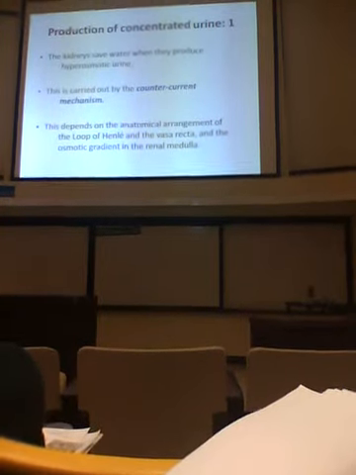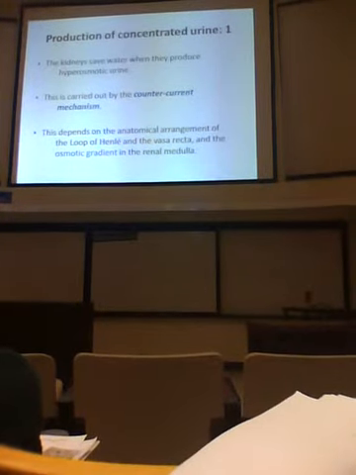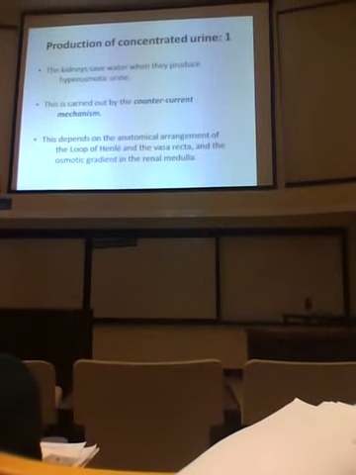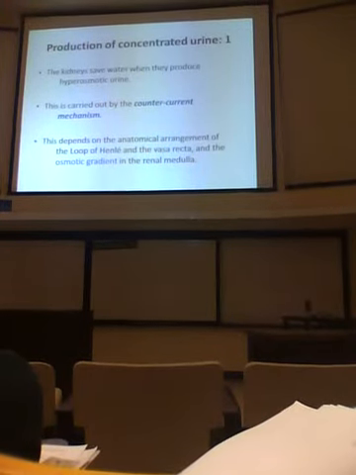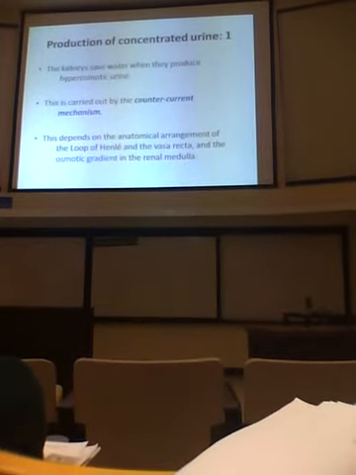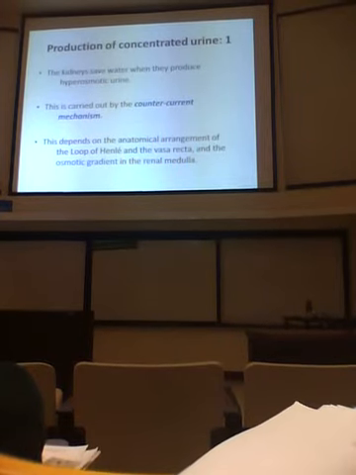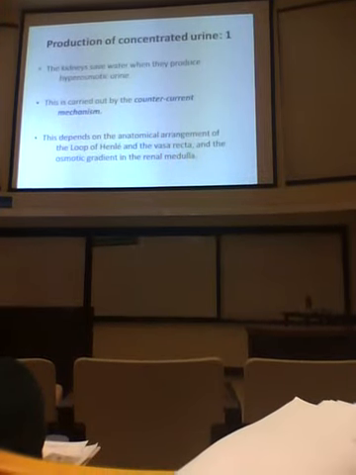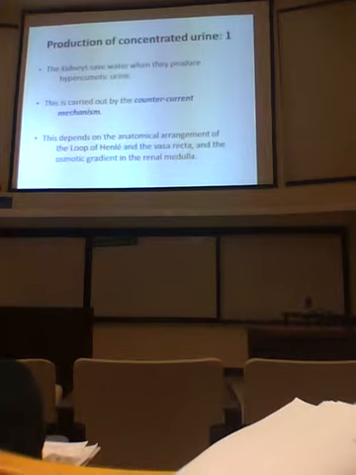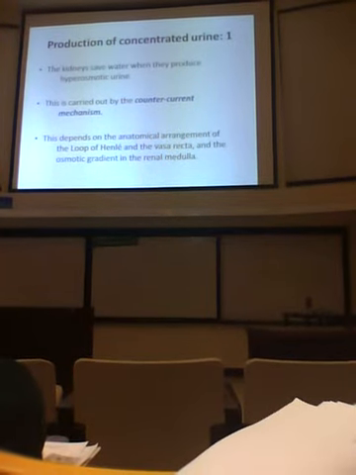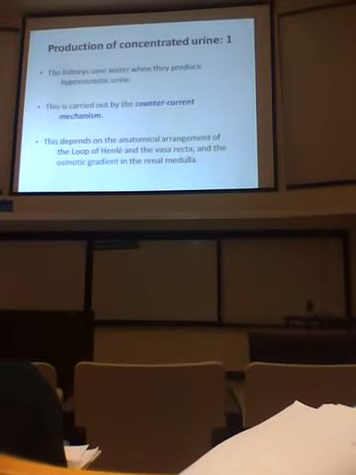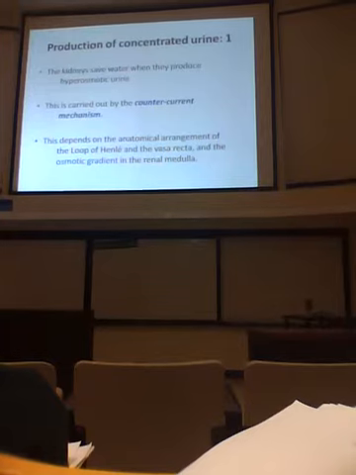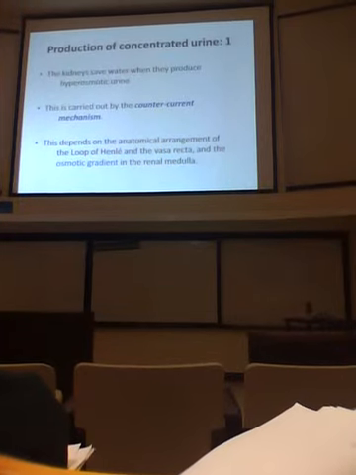But if there were, engineers would know about countercurrent mechanisms because it's an engineering concept. It's an engineering concept because a countercurrent mechanism is a multiplier. And the engineers use it for heating purposes. And so what you do is you have tubes going through a system like this with flow like that in one direction in one tube and flow like that in the other direction in the other tube.